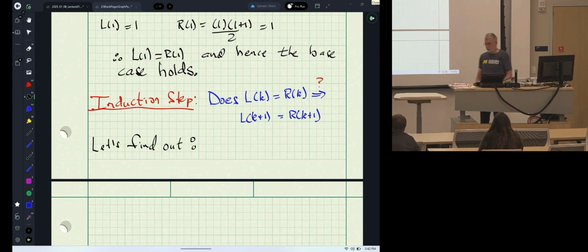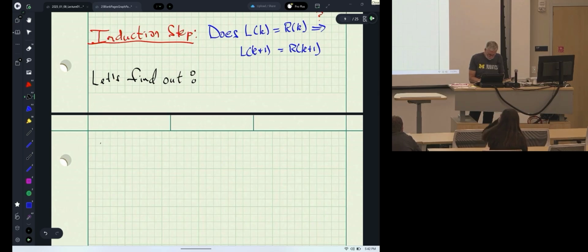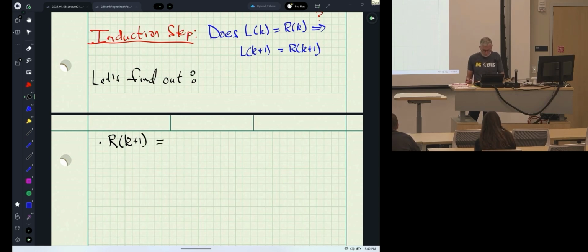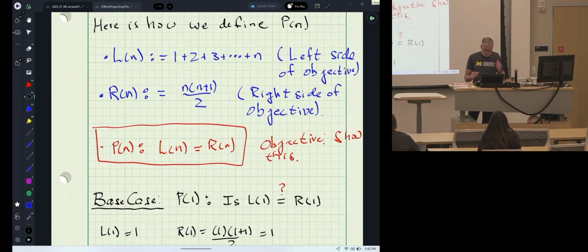If for some of you it's totally obvious, I admire that. Well, let's just check it out. So I'm going to compute R of k plus 1. Where we have n, we put k plus 1. So we're going to have k plus 1, and here it's going to be k plus 2.